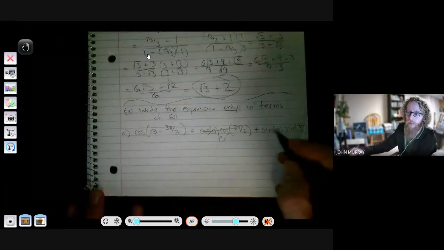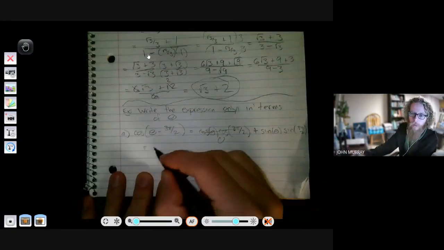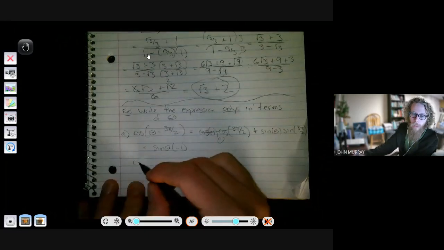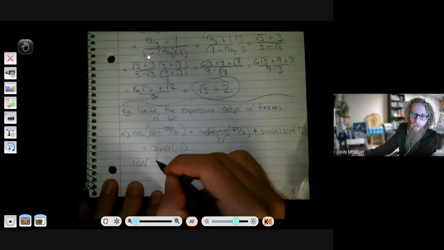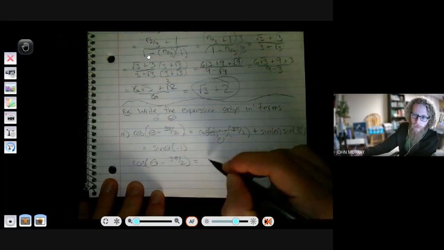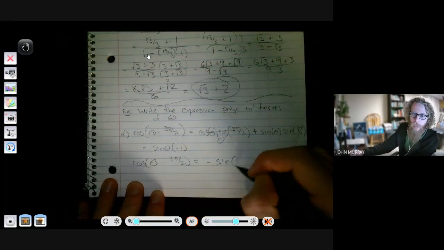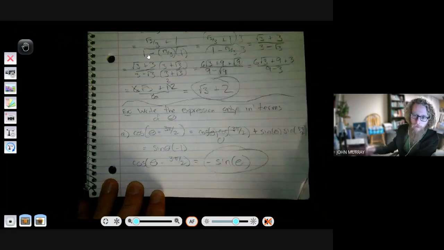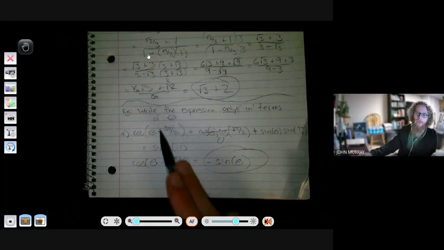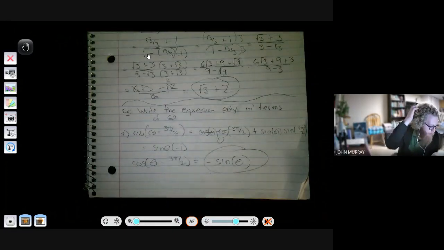So then we can say that the cosine of theta minus 3 pi over 2 is equal to negative sine of theta. And that's it. All right, so most of the time when you are given this situation, you'll be given nice things there.